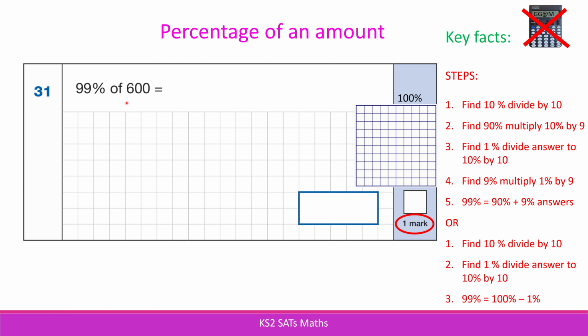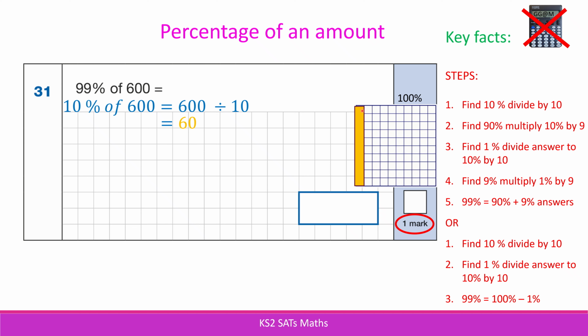Fantastic, so 99% of 600. Hopefully you've got an answer and we're going to check whether you've done it correctly. So we're going to first of all find 10%. So remember, 10% is one strip, that's 10 squares. The whole thing is equivalent to 600, so to find out what 10 squares is equivalent to, we're going to divide by 10. That will give me the value of one strip.